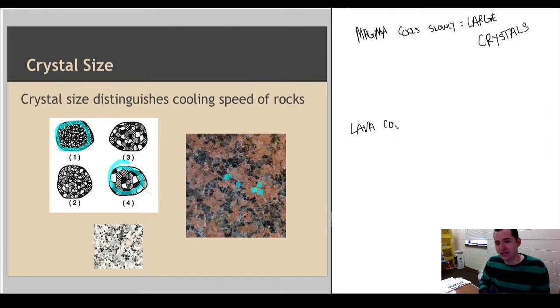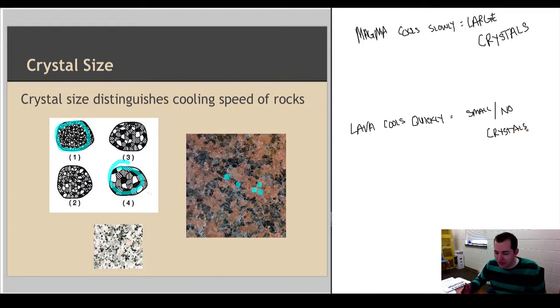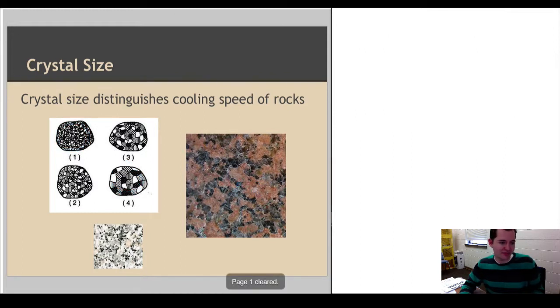So lava cools quickly, and therefore our crystals have less time to form, and so they have small or no crystals. Okay, so depending on how fast our magma or our lava cools determines the size of our crystals. Again, slow cooling magma has large crystals, fast cooling lava has small crystals. Okay, that's our main thing that we're looking for here.